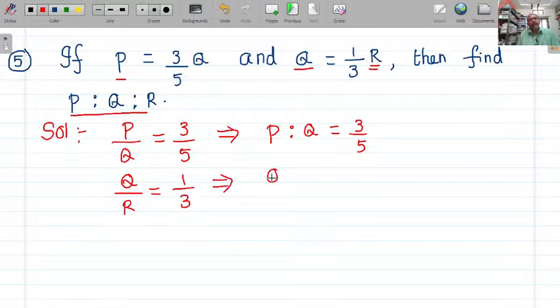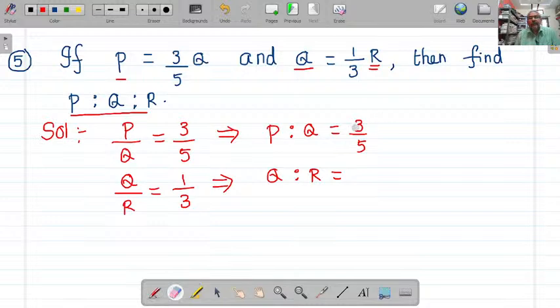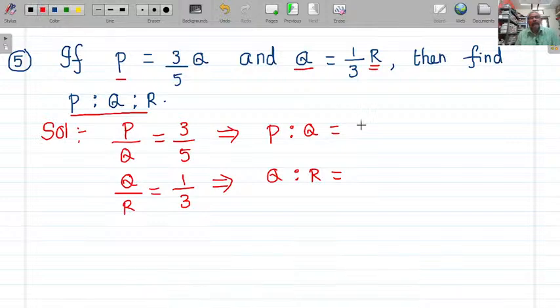So Q is to R is equal to 1 is to 3. This we can write. Wait, now 1 minute. This is 3 is to 5. This is 1 is to 3. Am I correct?